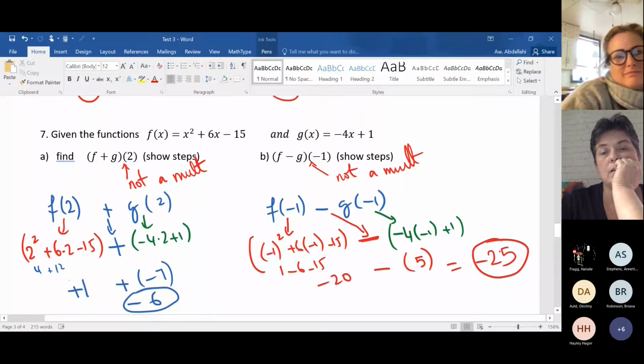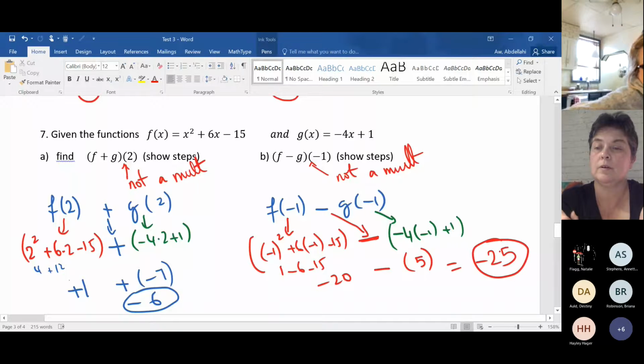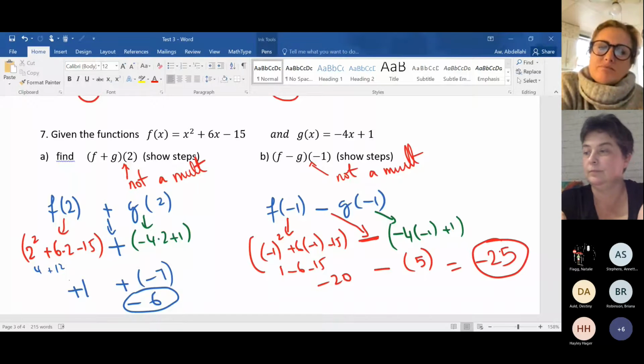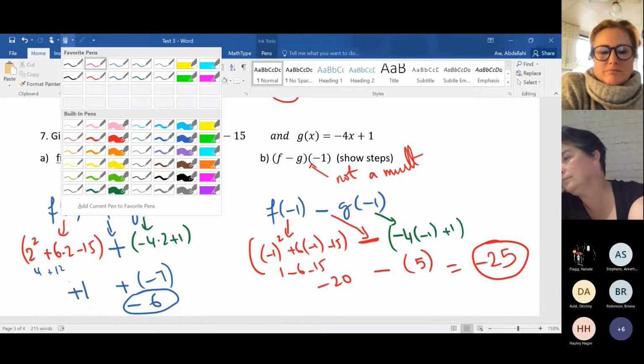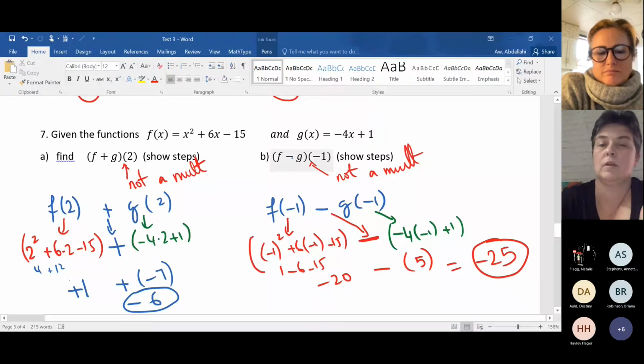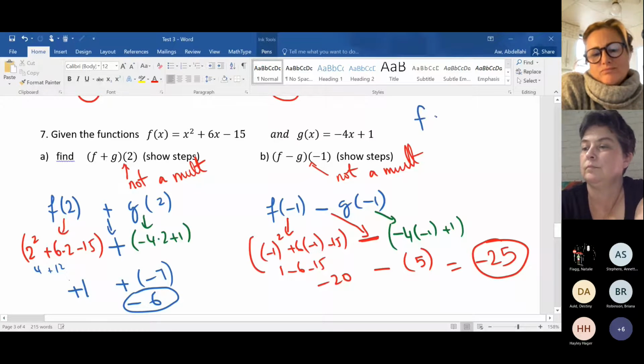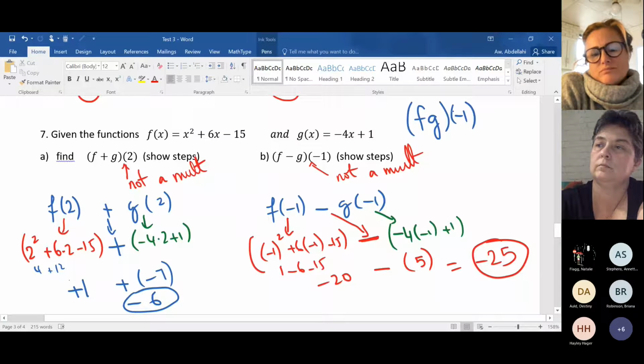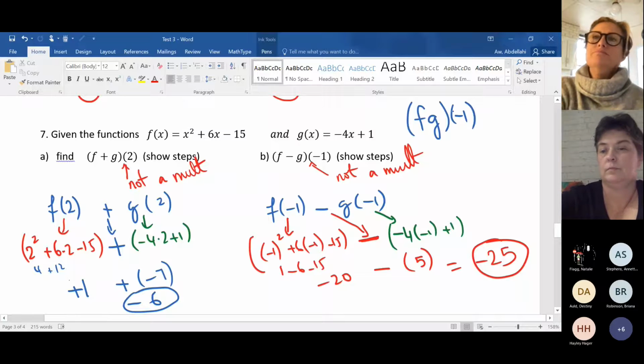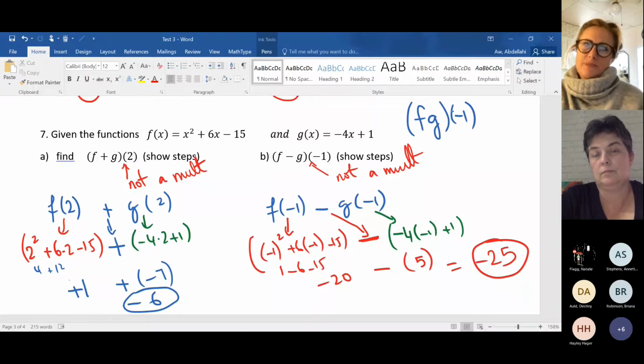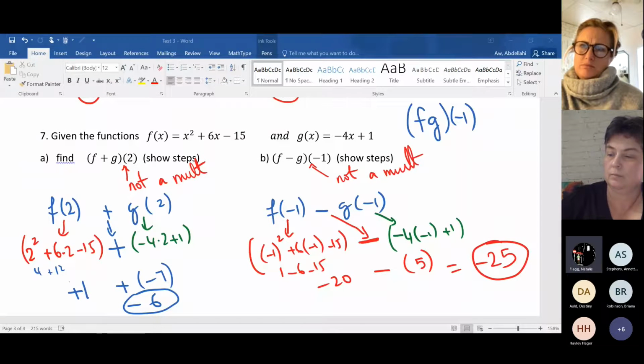If I had replaced the minus with a product, if I had said fg of -1, what would we do? Can somebody tell me? The same functions. If I ask you what is fg of -1, what do you do? Multiply f and g.